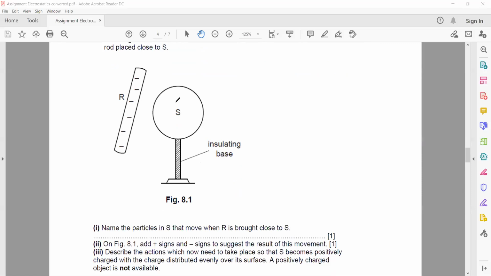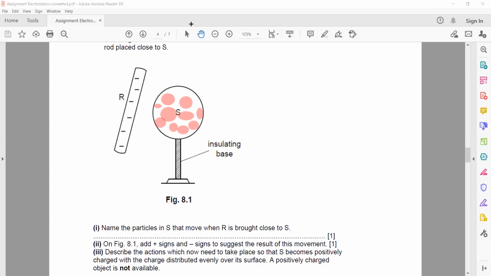Electrons, because this is a metal sphere. What does a metal sphere contain? It contains a lattice of positive ions and delocalized electrons. So positive ions cannot move at all, because of their size and their regular positions.